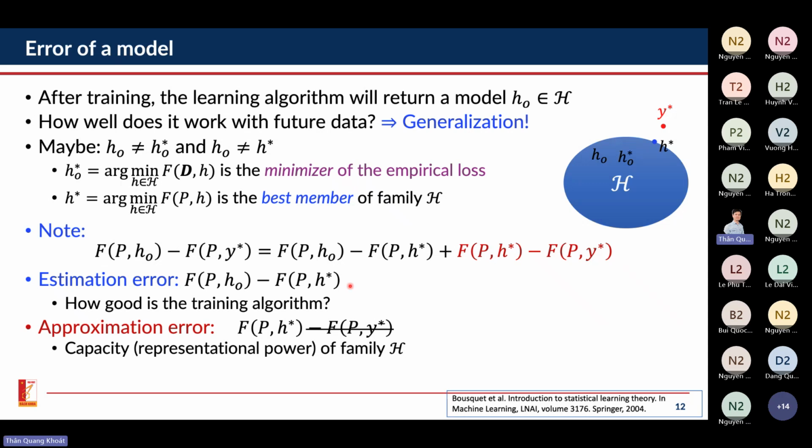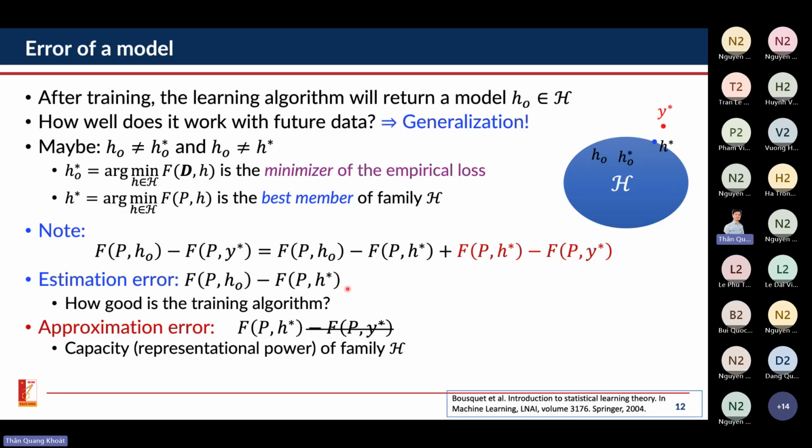The first two terms here represent one quantity. Sometimes we call it the estimation error. And that error is the difference in quality of the trained model and the best model, right? If this error is large, you can show that the trained model can be very bad. And of course, we are trying to minimize this when we train a model.